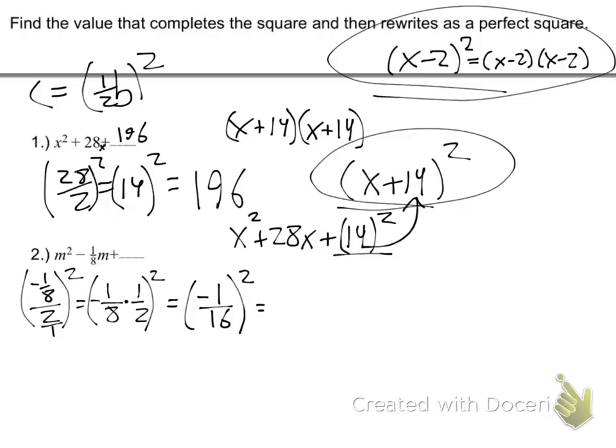So negative 1 squared is 1, over 16 squared, which is 256. So our value for C is 1 over 256.